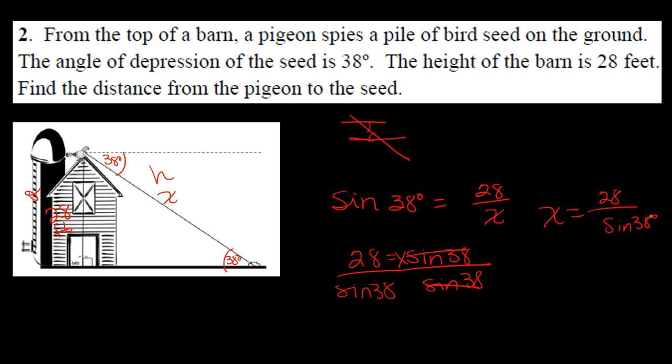So I'm going to use my n over d feature, 28 in my numerator, sine 38. And we get 45.5, or if we rounded, we could round up to 46, but since it's about 45 and a half, I'm just going to leave it as 45 and a half feet.